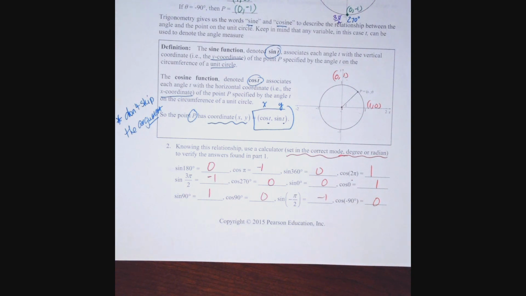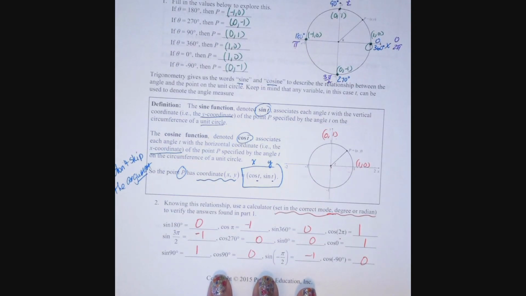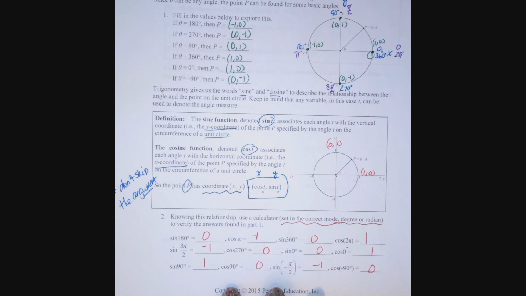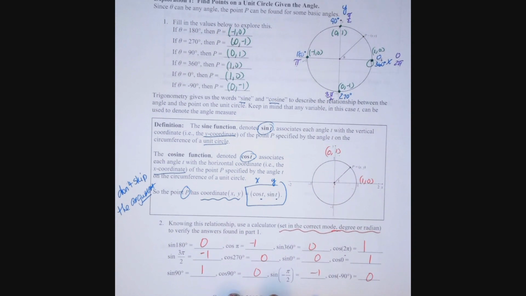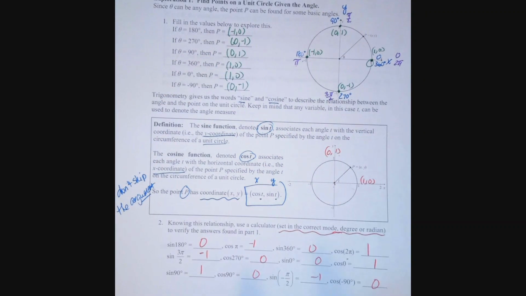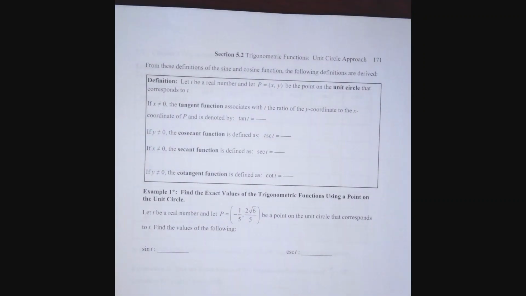When you have completed that and you have gotten the calculator to give you the correct answers, this is an emphasis here to make sure that you can use your calculator correctly. You figured out how to get your calculator to give you the correct answers that match up with the information that you know to be true. Let's go ahead and move to the next page.